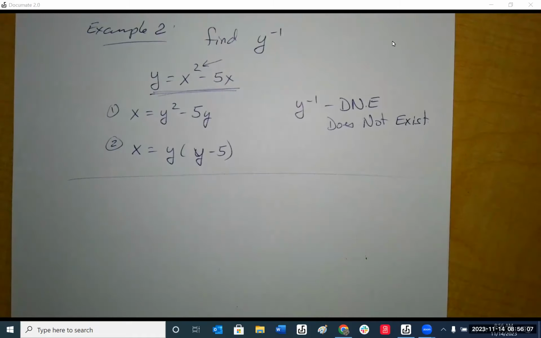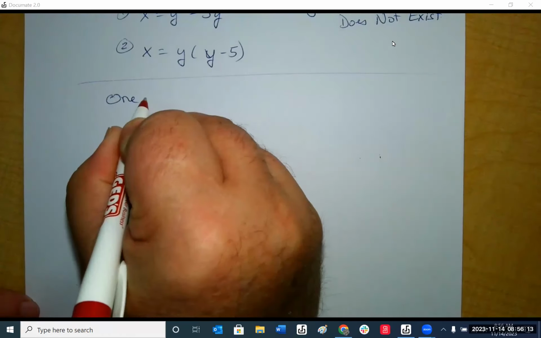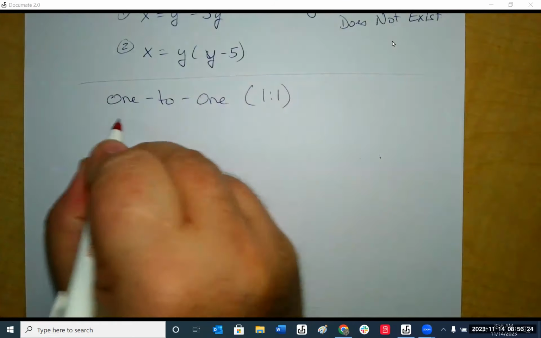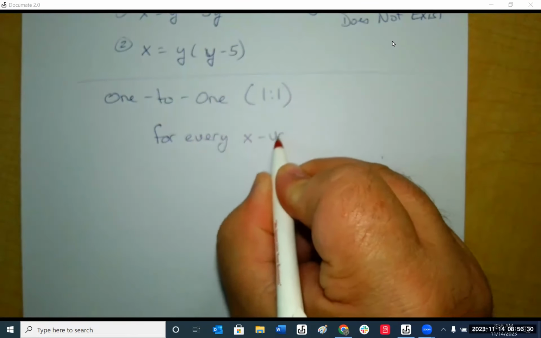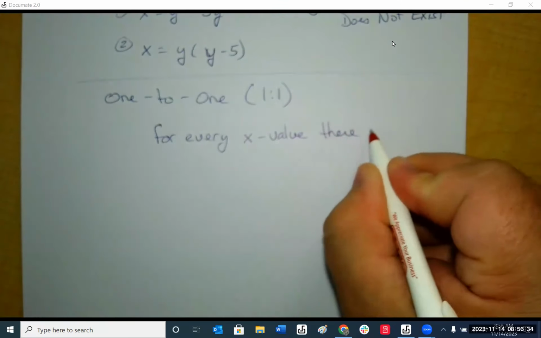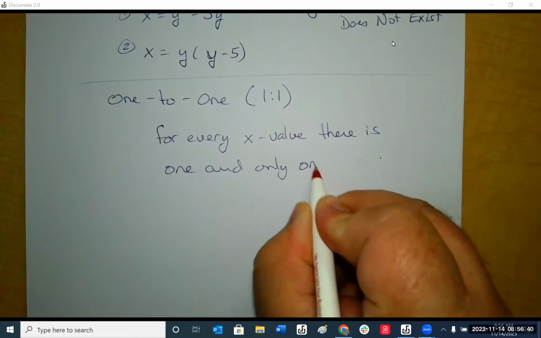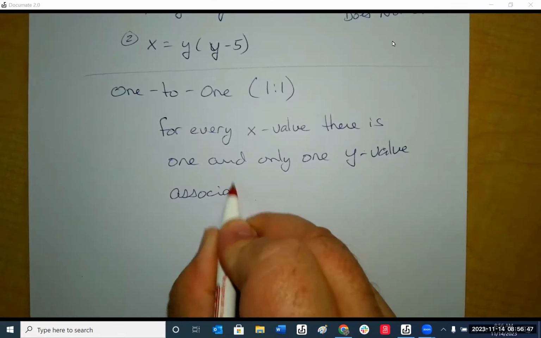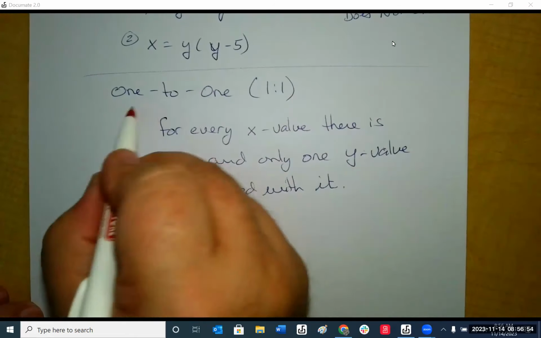The only way a function can pass the horizontal line test is if a function is 1-to-1, which means for every x value, there is one and only one y value associated with it. That's what 1-to-1 means.